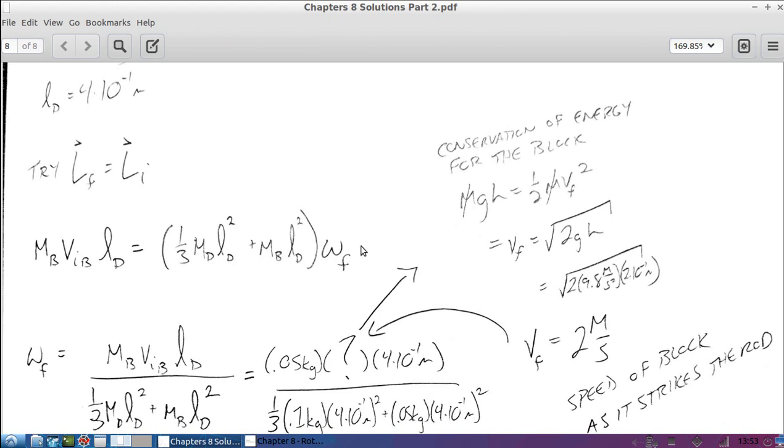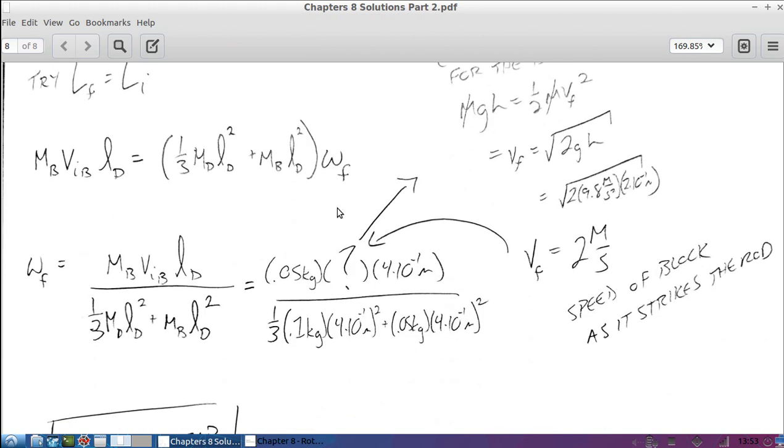The system is going to have an angular velocity immediately after the collision. So I can solve this for omega final, which is what we're asking for. It's one step: just divide both sides by this whole expression in parentheses. But I'm missing the velocity of the block.